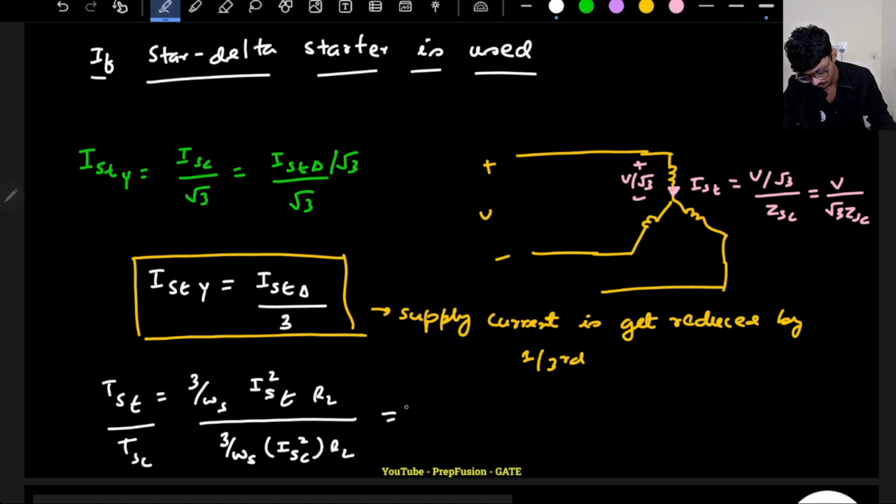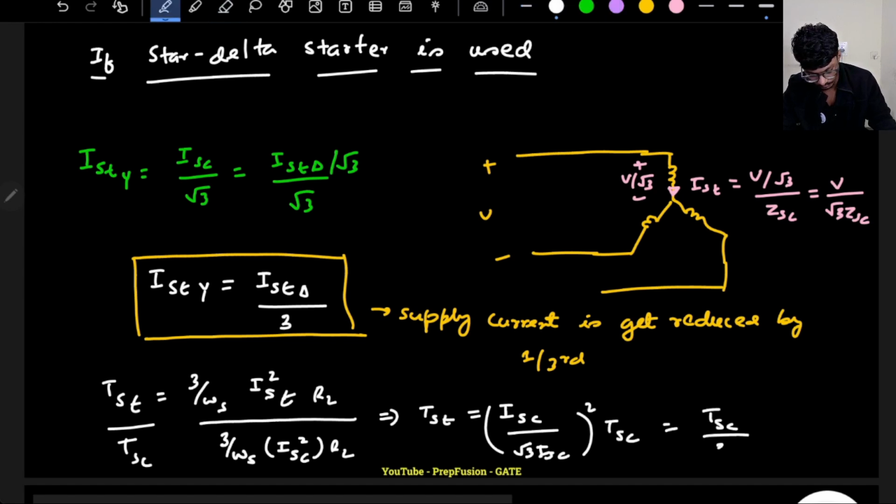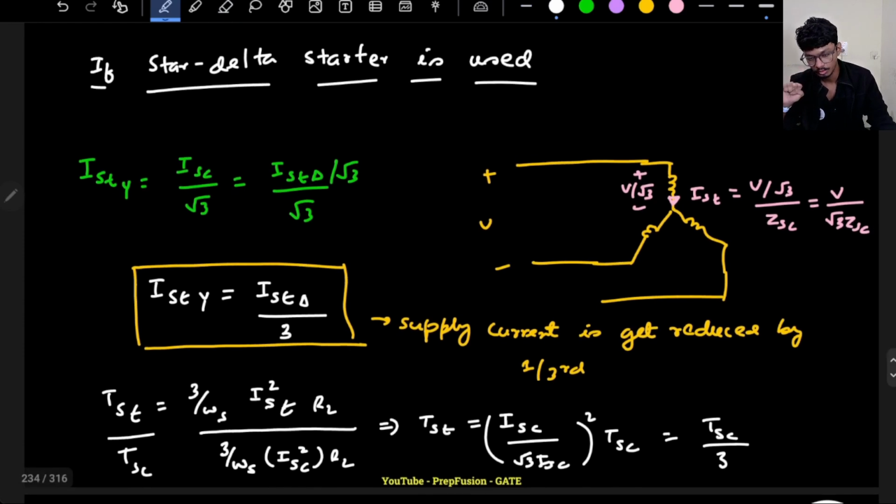So this will be TST by TSC equals ISC divided by root 3 divided by ISC whole square. Other things will get cancelled. So the torque also becomes 1/3 compared to the direct online starter. Compared to direct online, torque will become 1/3.